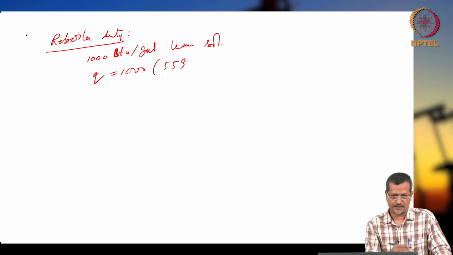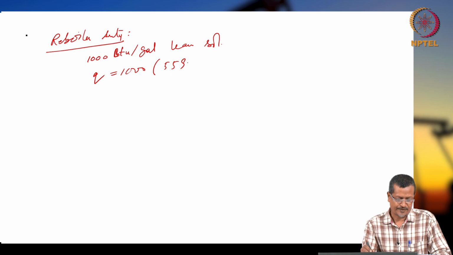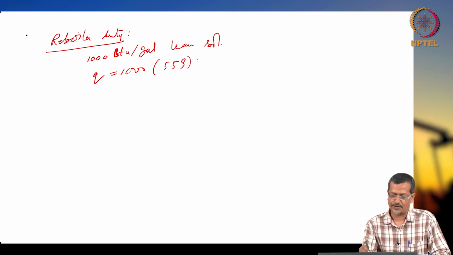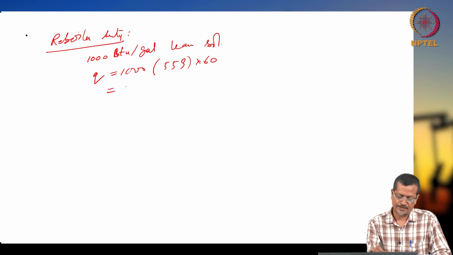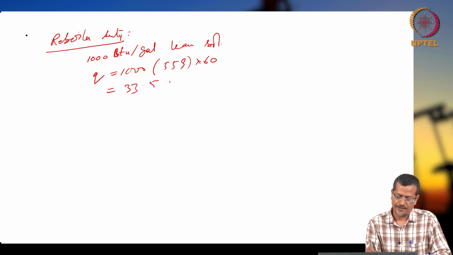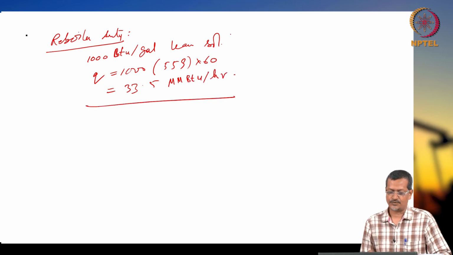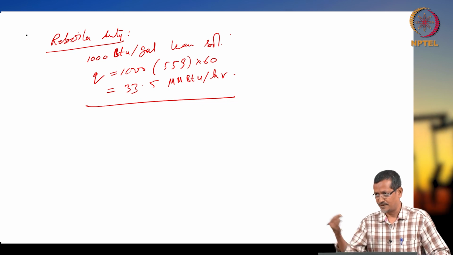We got that this much amine is required, 559, and you have to calculate for 60 minutes per hour. So into 60, it is coming to 33.5 MMBTU per hour.